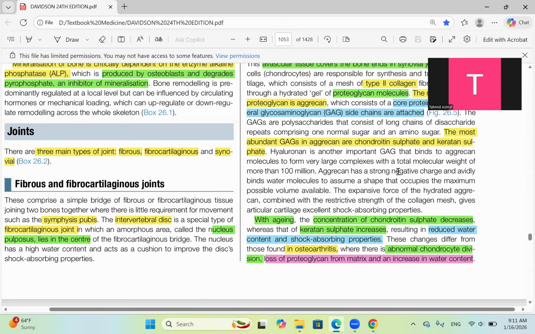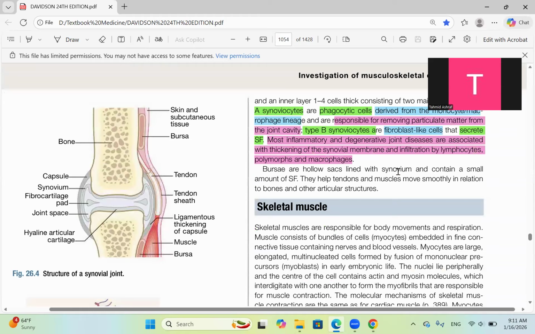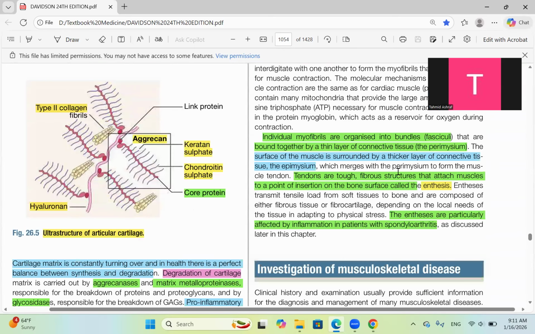So let's look at the image. These stick-like structures are type 2 collagen fibers. These are suspended in a gel-like substance, which is composed of proteoglycans.